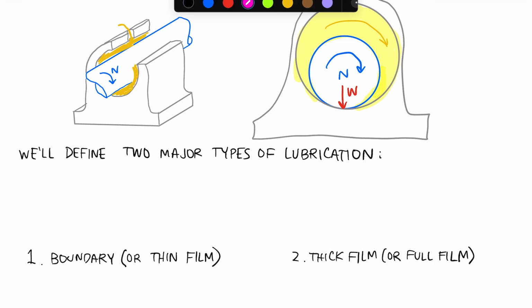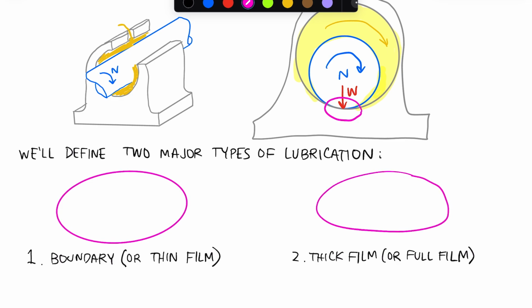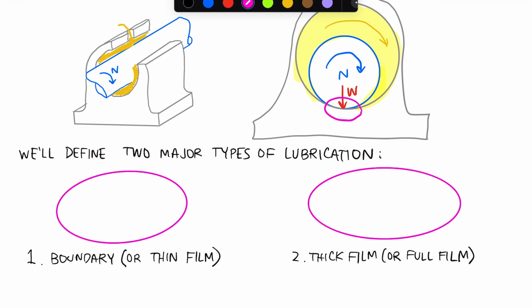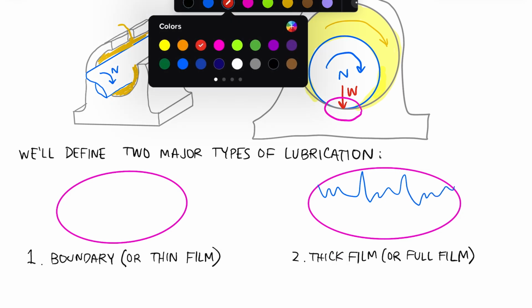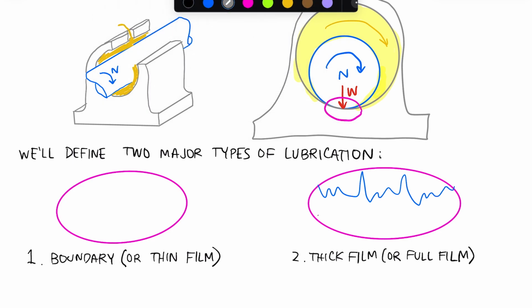If I were to zoom in down here where the two surfaces are close to touching, then for my thick film lubricant, I've got surface asperities on the surface of the journal, and I'm also going to have some surface asperities on the surface of the bushing.